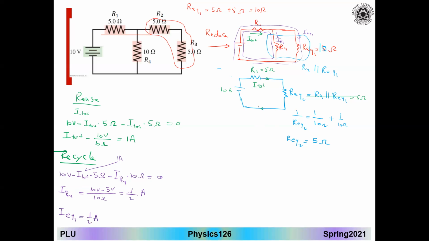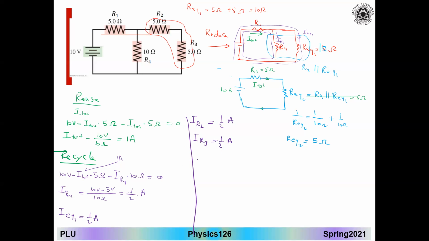Okay. Now I'm gonna go a step further, go back from here to this one here. I have two resistors in series, so they have to have the same current. So in this case, I can find I R2 equal 0.5 amperes, and I R3 equal half amperes.